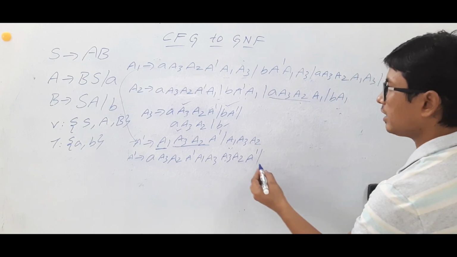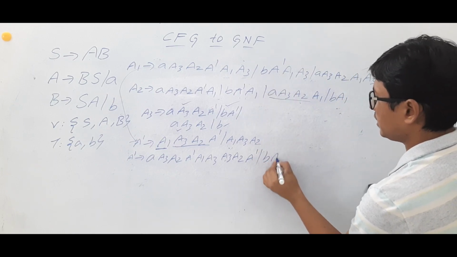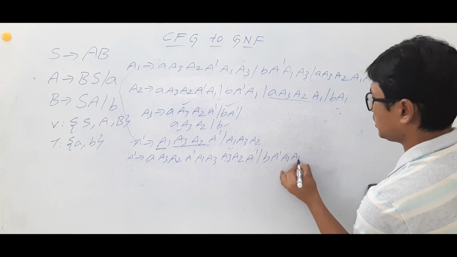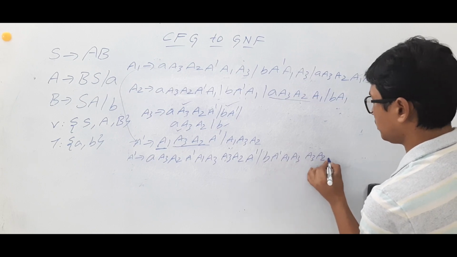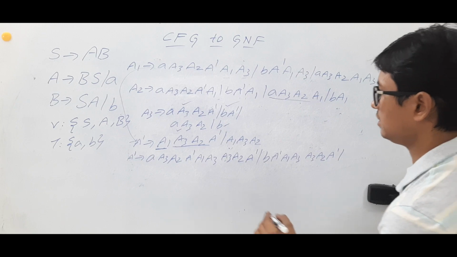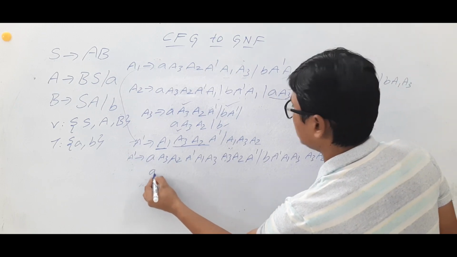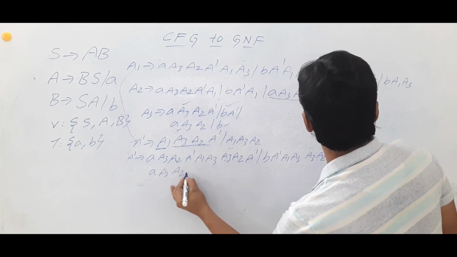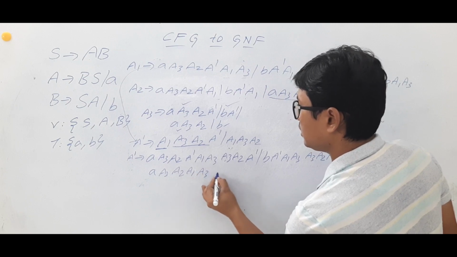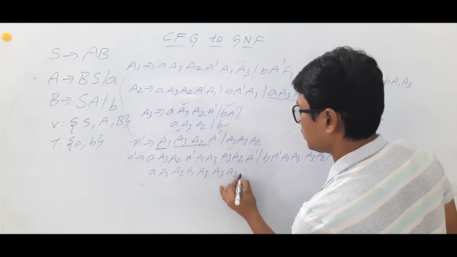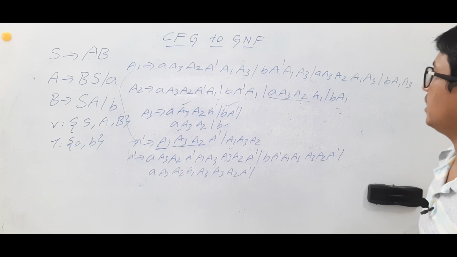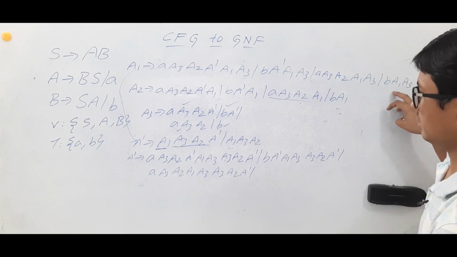Then B, A dash, A1, A3, then A3, A2, A dash. Then A, A3, A2, A1, A3, then you add A3, A2, A dash. Is it clear? Then three are completed.